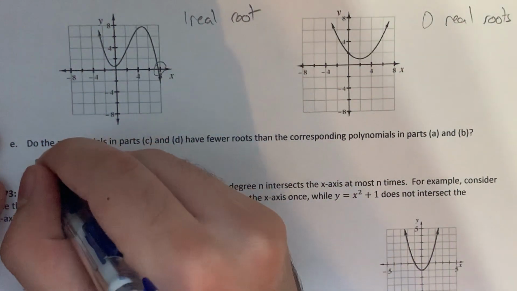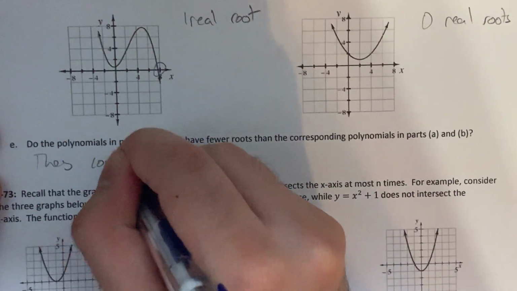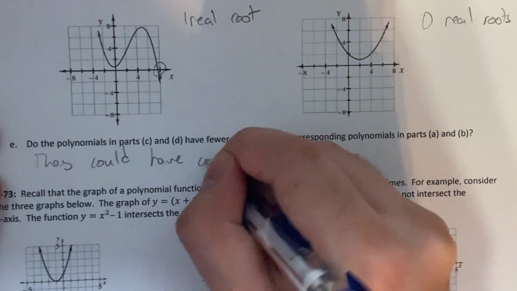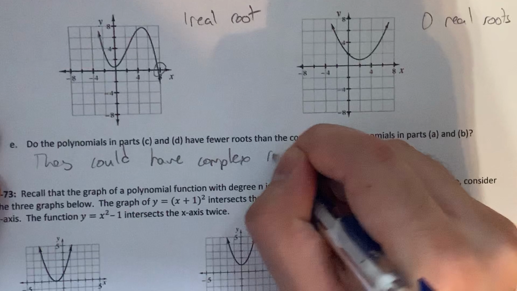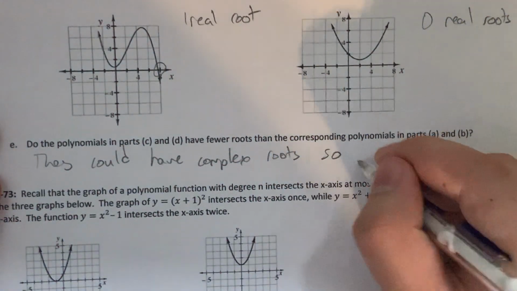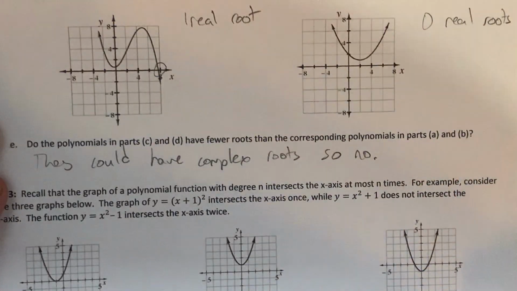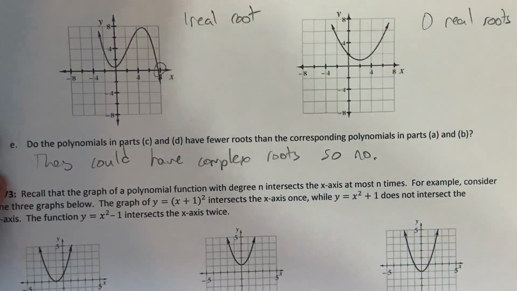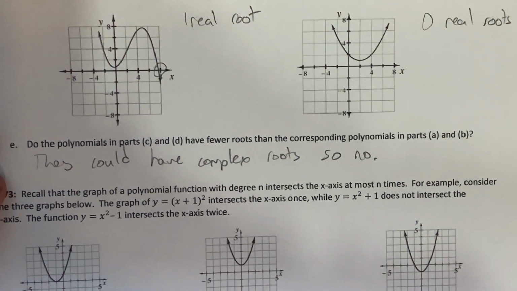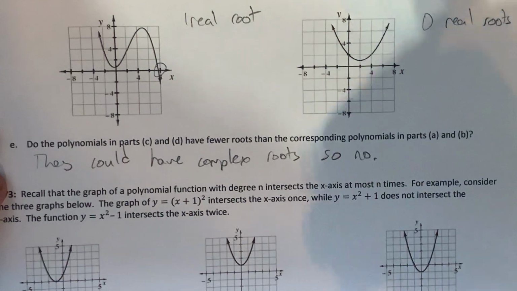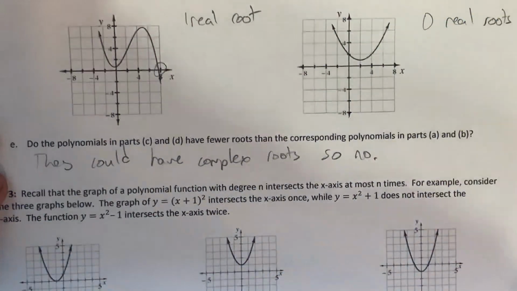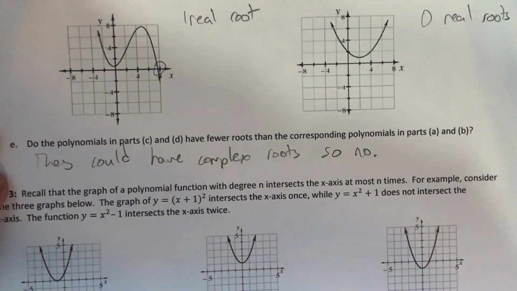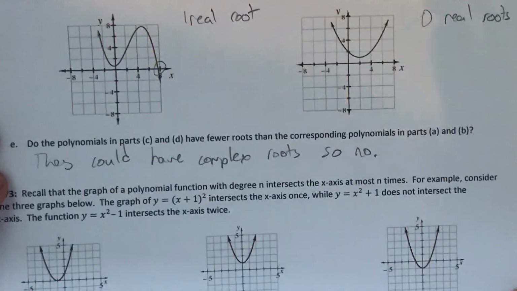So I'm going to write they could have complex roots, so no. Because we've already touched down on complex roots in the last lesson, so we know those exist and those can be counted as roots. Didn't say real roots, just asked you for any roots.